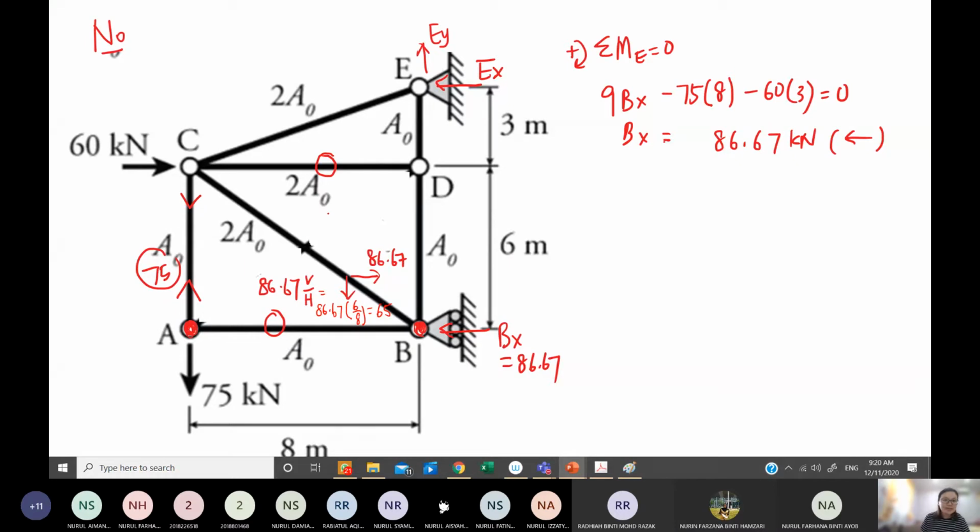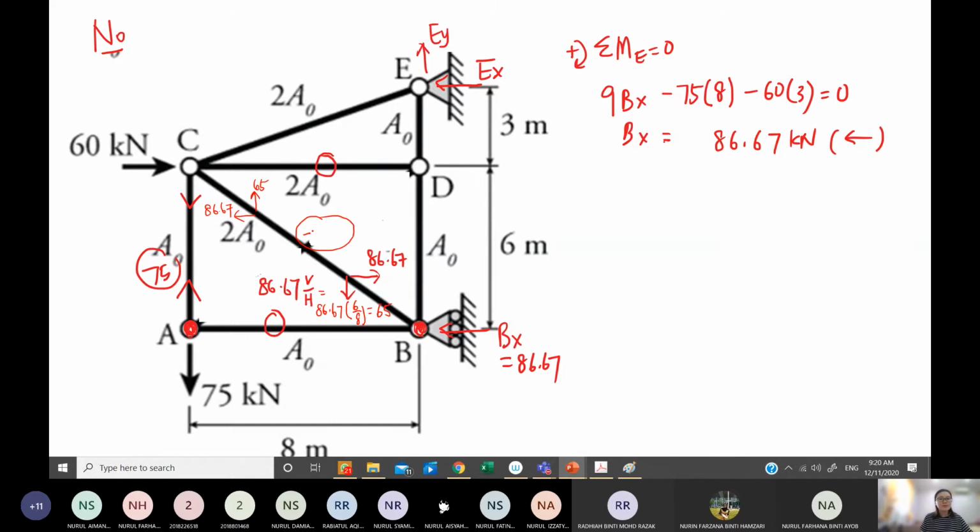So now can I get the axial force for member BC? This is 65, this is 86.67. How much?